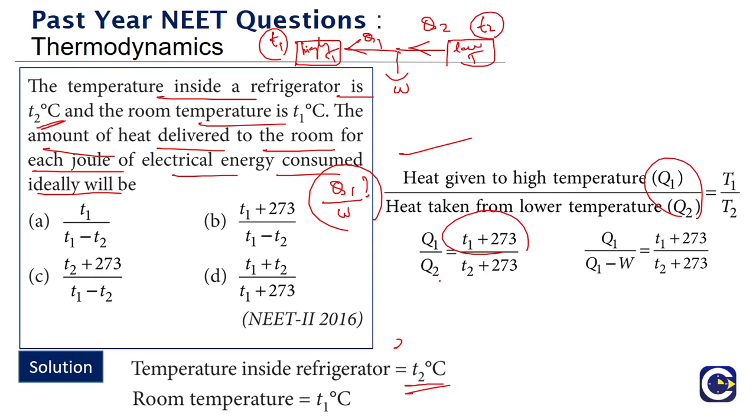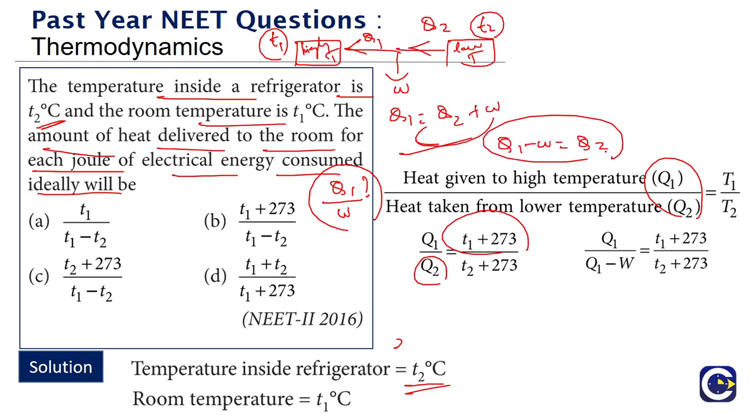And what is this Q2 here? If you look at the relation, Q1 is equal to Q2 plus W, means Q1 minus W is equal to Q2. So in place of Q2, we can express Q1 minus W. Why are we doing it? Because remember, the ratio we are looking for is Q1 by W. We don't require Q2 here.